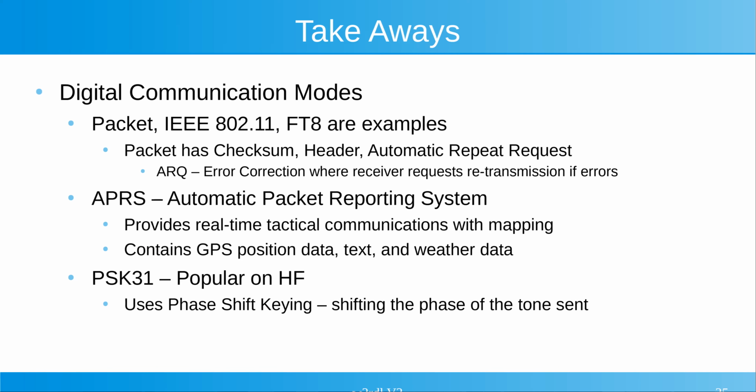And PSK31 is phase shift keying, where the phase of each tone is different. That's how you determine whether it's a 1 or a 0, by what the phase is.